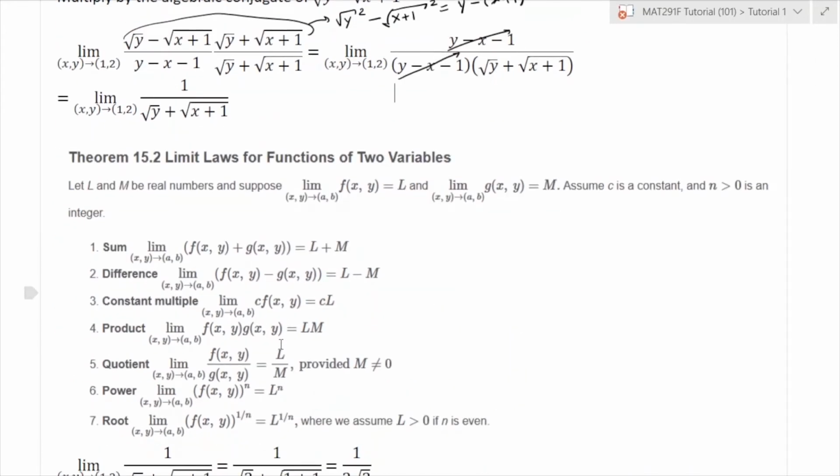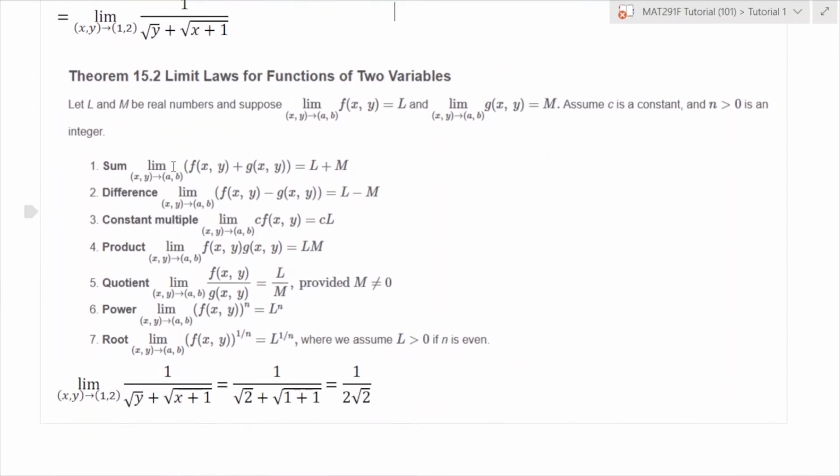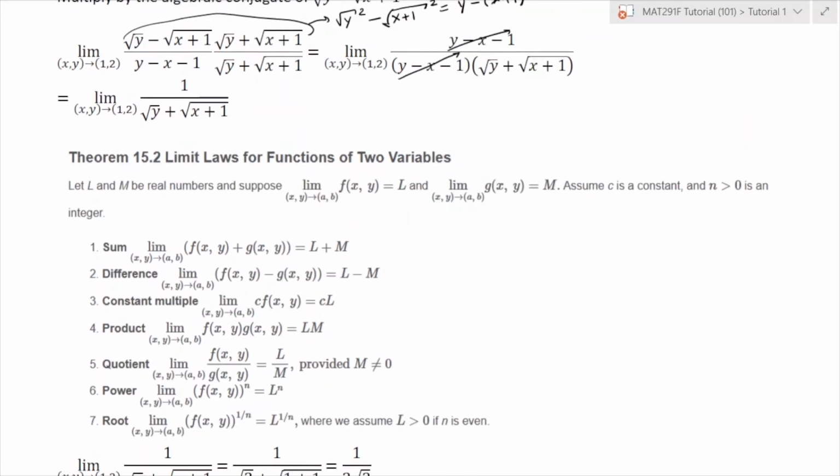Now, I'd say on a test you can just plug in the values at this point, as long as these guys are not negative. I'll show you using theorem 15.2 how to show it. You see that we have a quotient, 1 over something.